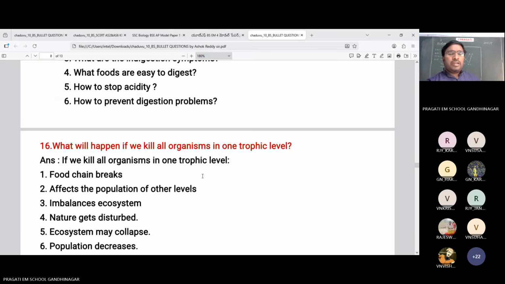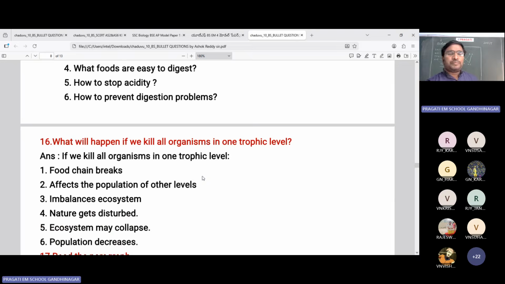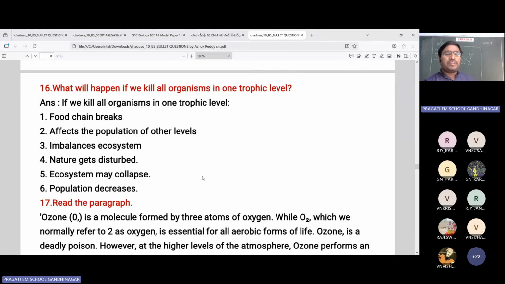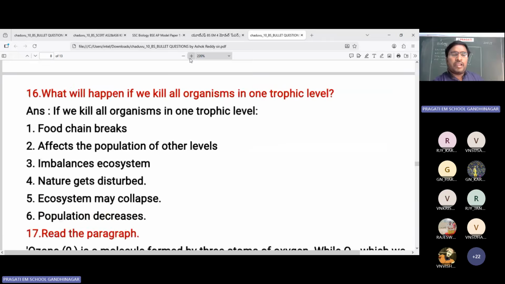Next question is related to our environment. What will happen if we kill all organisms in one trophic level? See, children, if we kill all organisms in one trophic level, the food chains or related food chains will break.